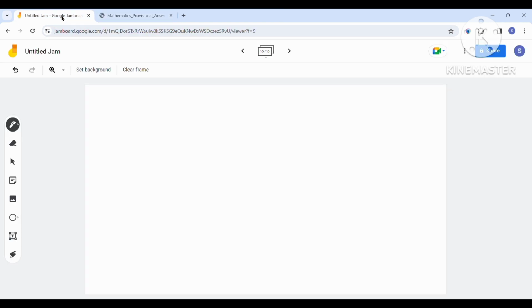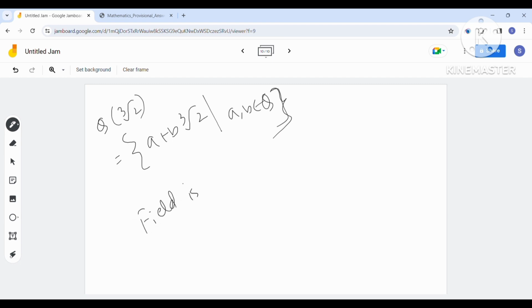Okay, so this is basically a + b·2^(1/3) + c·2^(2/3), such that a, b, c belong to Q. Now observe field isomorphism, right? We have to find the number of isomorphic subfields of C. So field isomorphism means 1 always maps to 1.